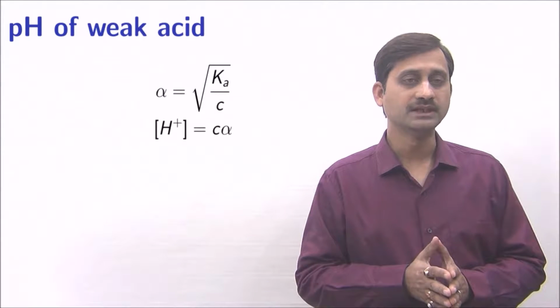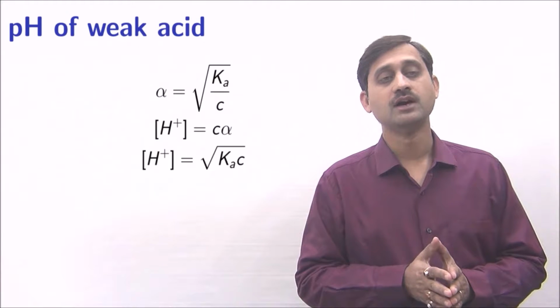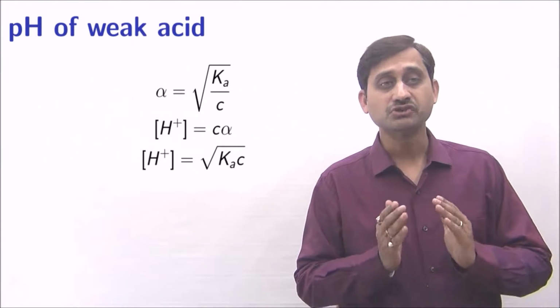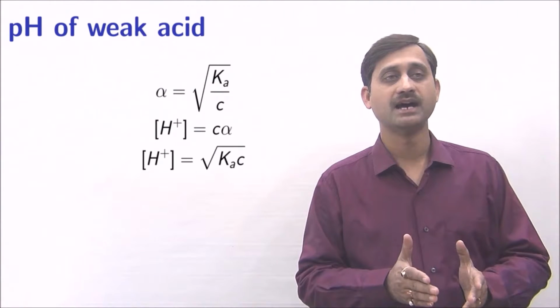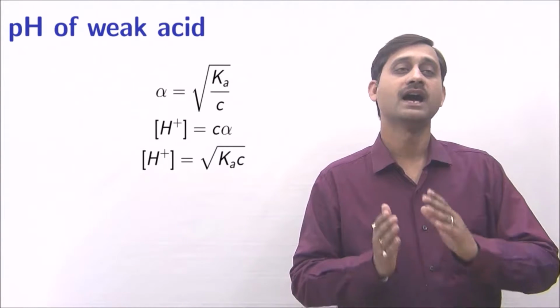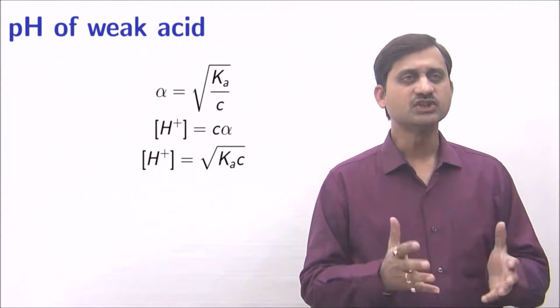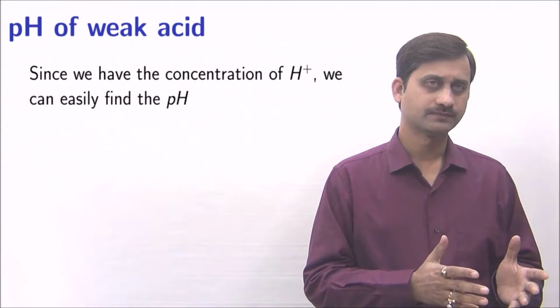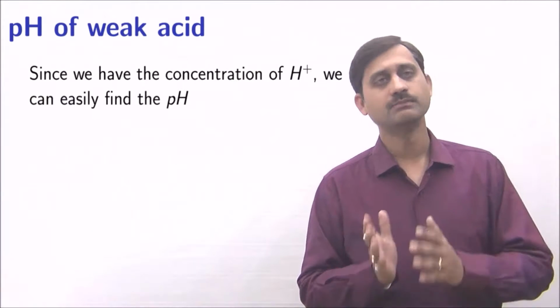So this would turn out to be the square root of the product of the dissociation constant multiplied by the concentration of acetic acid. Since we have the concentration of H plus, we can easily find the pH.